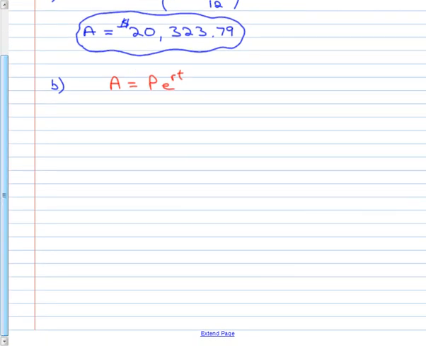Continuously compounded. Same numbers. So our amount should equal our principal of 16,000. E is raised to our rate, which is 0.08, and our time is 3 years.